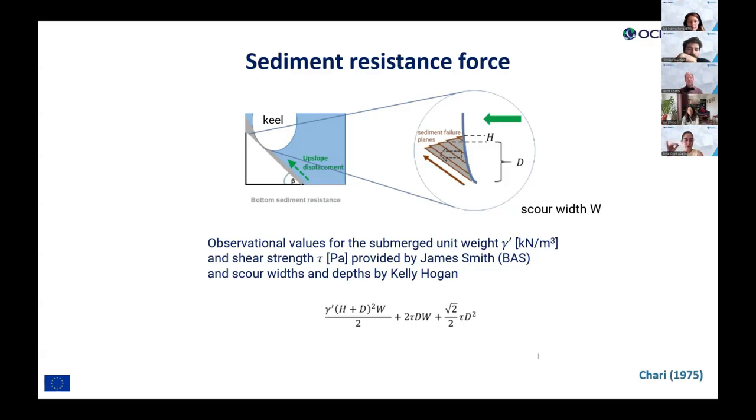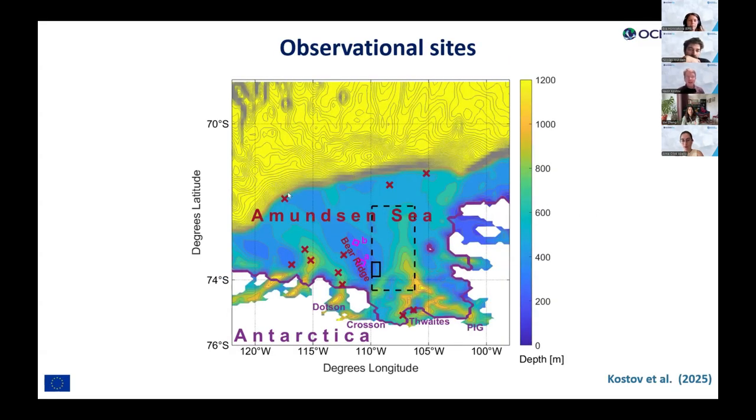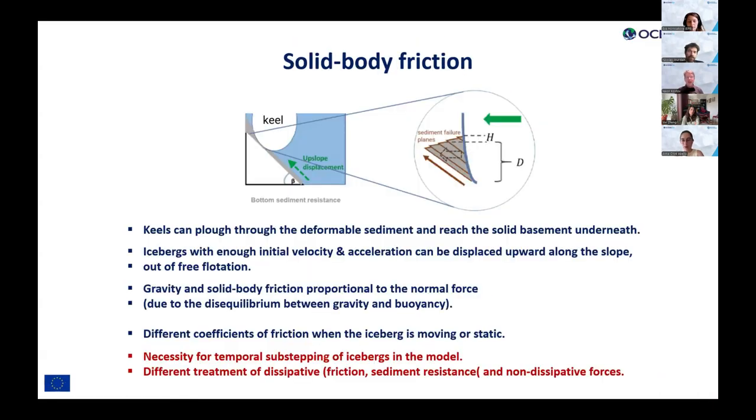So we've been able to feed these physically motivated formulas with parameters based on actual observations and code that in the model. The red crosses here tell us where we have sediment samples, and the magenta boxes show the areas where Kelly has actually observed scours on Bear Ridge.